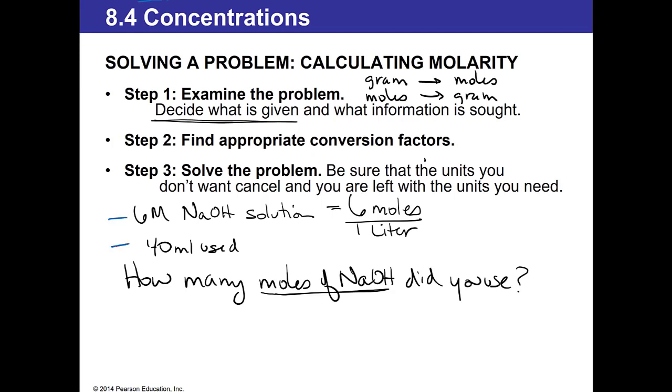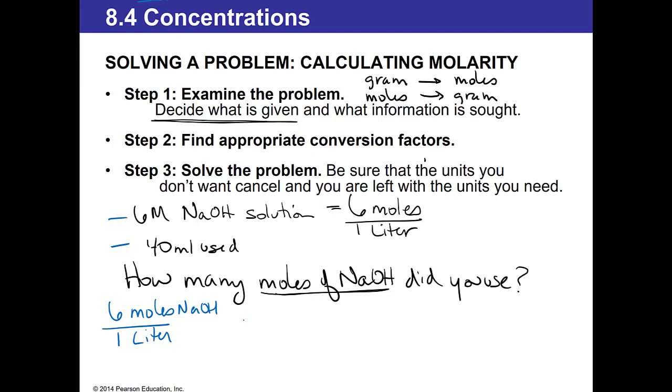If you know a concentration and you know the volume, you can figure out your solute just by getting those units to cancel. So 6 moles per liter is what 6 molar means. That's sodium hydroxide. We used 40 mils, but in order to use the volume, you've got to make sure units are the same.